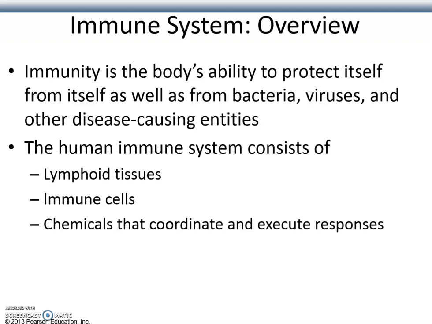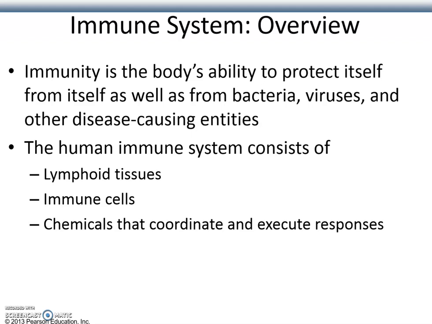So that would be a second line of defense. And for the second line of defense, the human body has quite a few options. We have macrophages, we have neutrophils, we have the inflammatory system, so inflammation. We also have the complement system. So there's a variety of different things that we can use in the second line of defense. And we will get to that throughout this lecture.